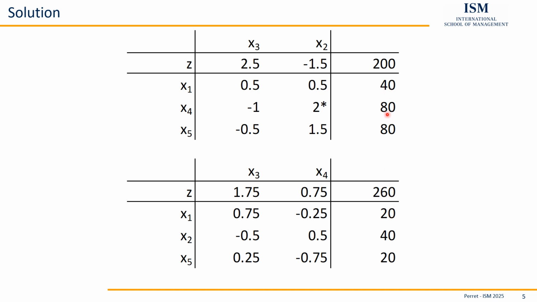And I have to get the value for the objective function, this value here. So I'm going to work with this rectangle. 200 minus 1.5 times 80 divided by 2, which minus gives plus. This is 60, so 200 plus 60 gives 260.